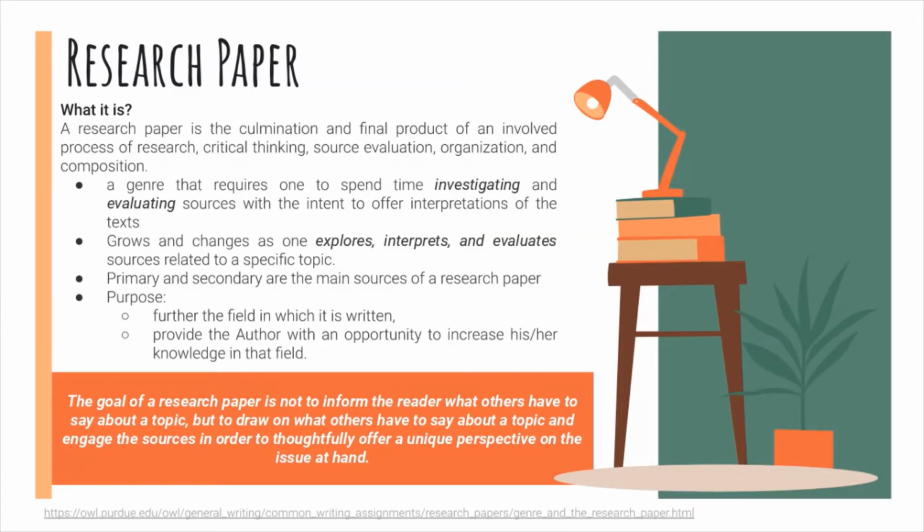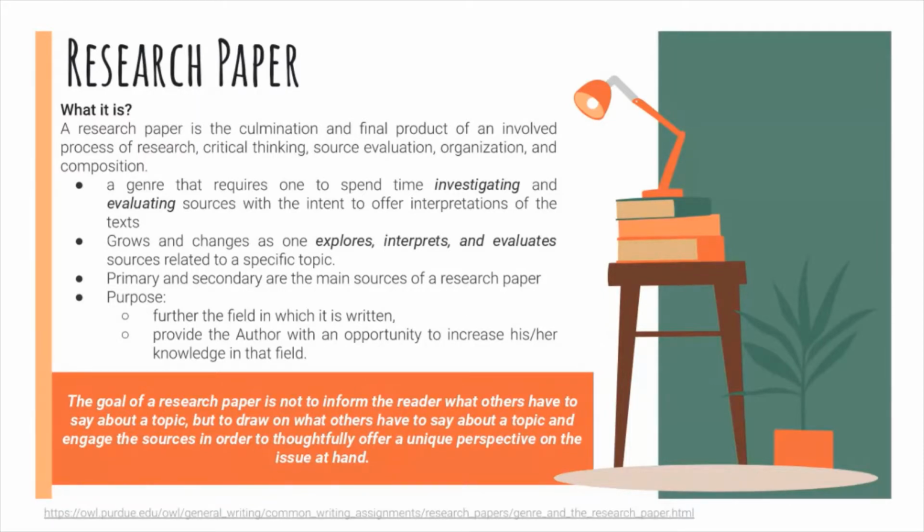Okay, so what is a research paper? It is basically a final product from the process that involves research, critical thinking, source evaluation, organization, and composition. A few other things, the thing that I like to highlight is the verbs. So you have to investigate, you have to evaluate, you explore, you interpret.